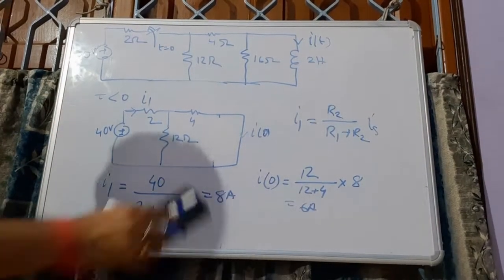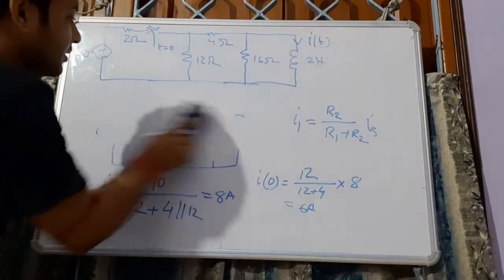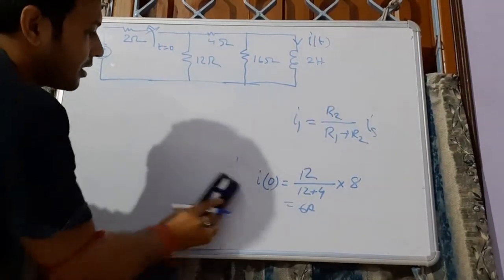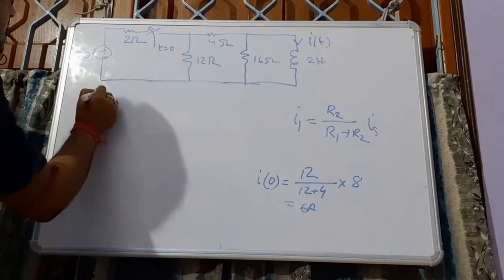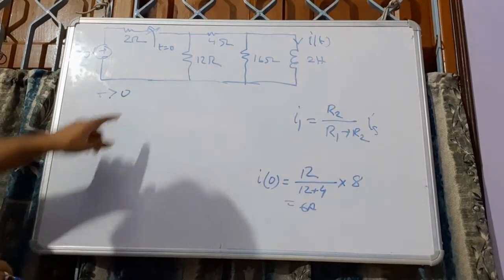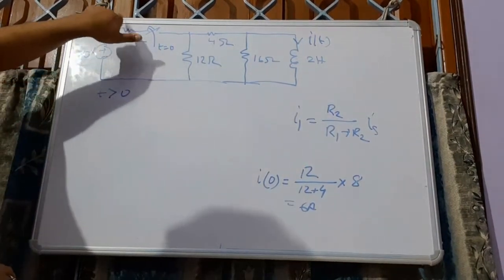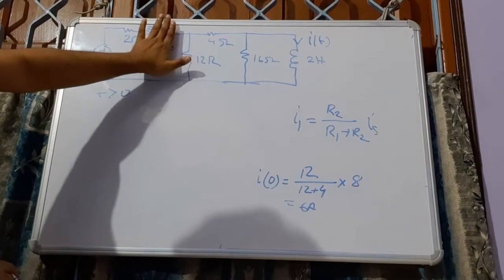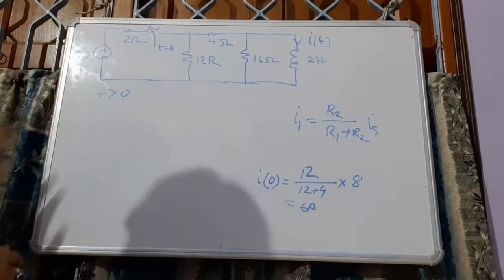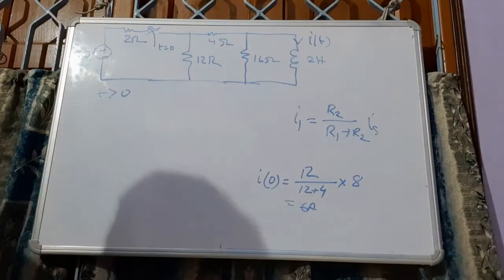Now I am erasing this part. Now for t greater than 0, the switch is open, so we can just neglect this part, and the circuit will be like this.